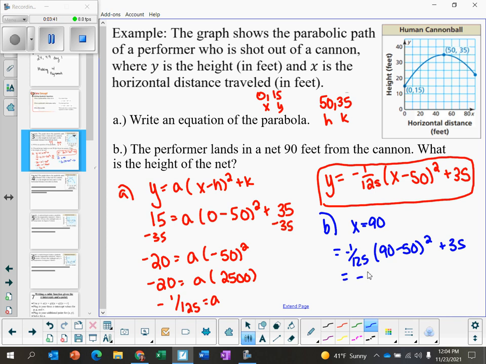So that's negative 12.8 plus the 35. So that means y is about 22.2 feet. All right, and if we look at the graph, that's 20, that's 25. It does look to be about 22.2 feet.